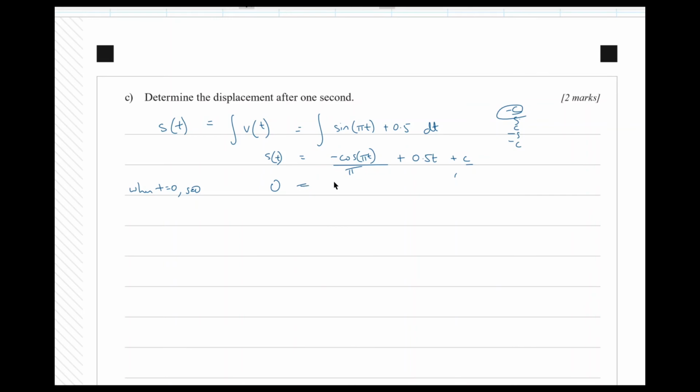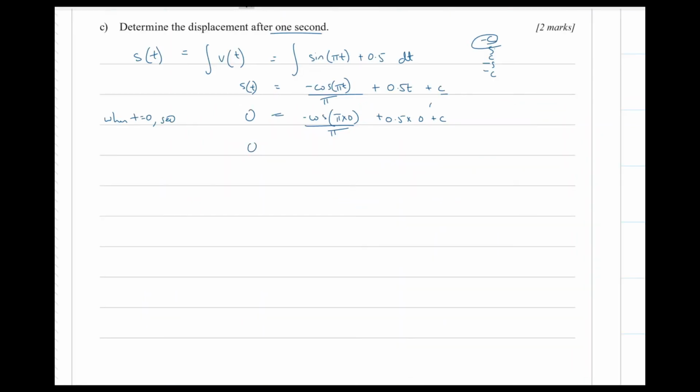So 0 equals negative cos pi times 0 over pi plus 0.5 times 0 plus c. So this equals, cos 0 is 1 and negative of that, so negative 1 on pi plus c. So c equals 1 on pi.